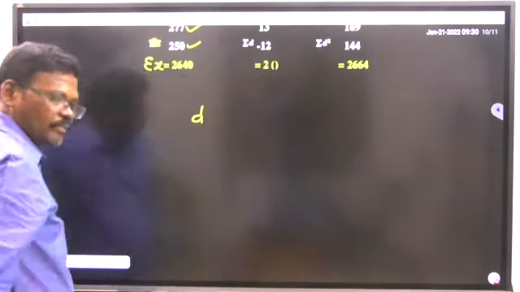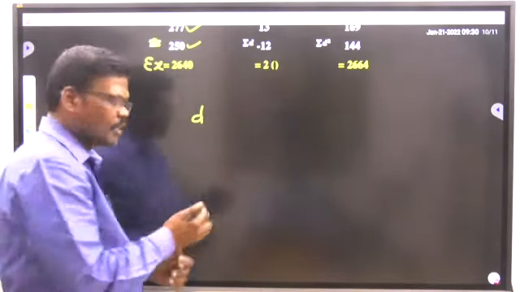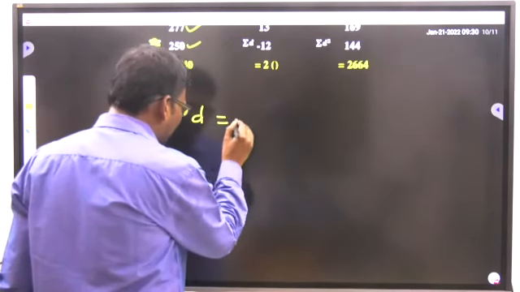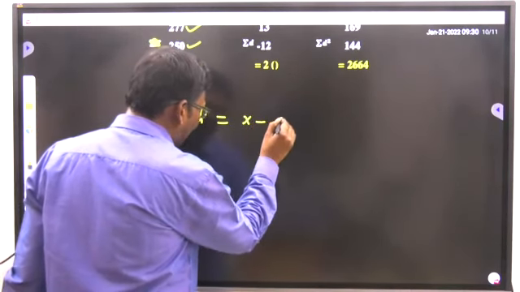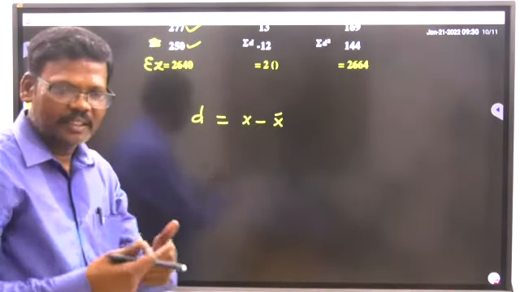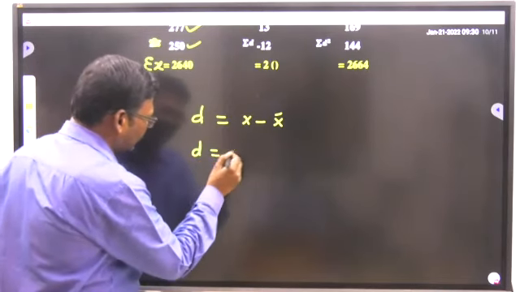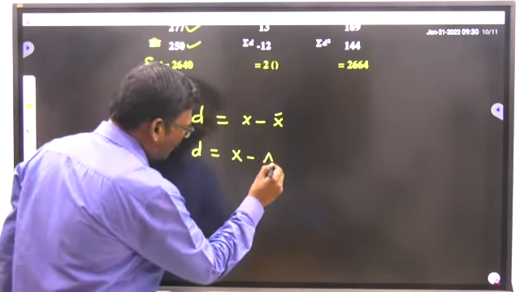How do we find the deviation? Deviation is nothing but x minus x bar. Otherwise, we can say that d is equal to x minus assumed mean.